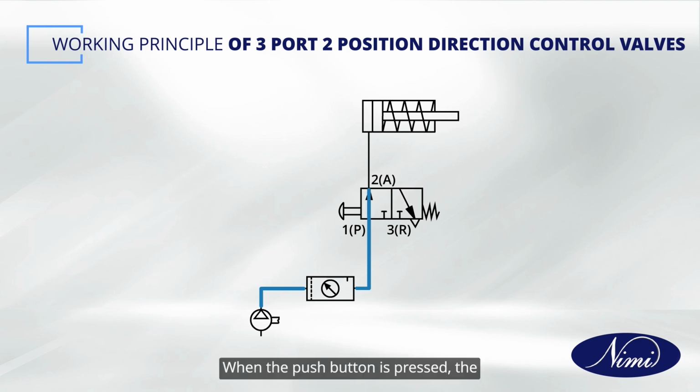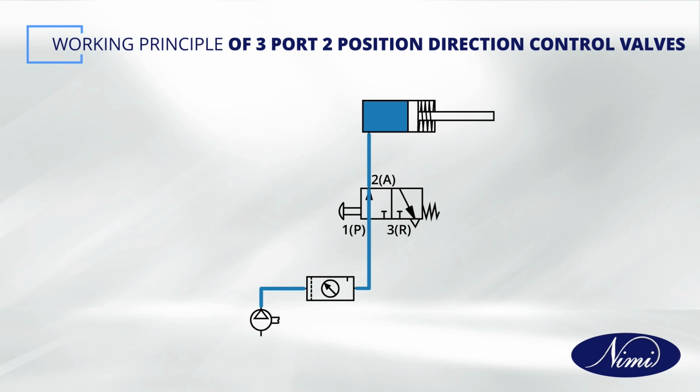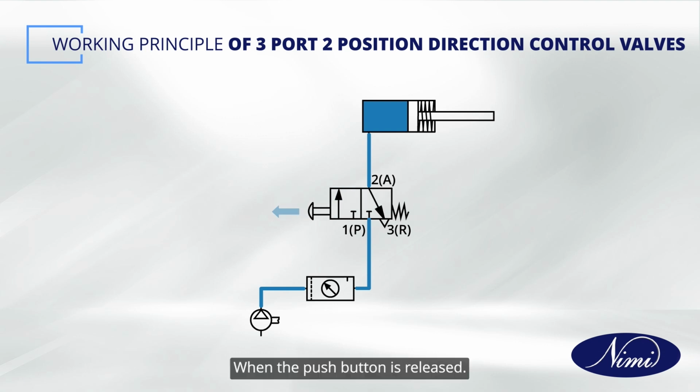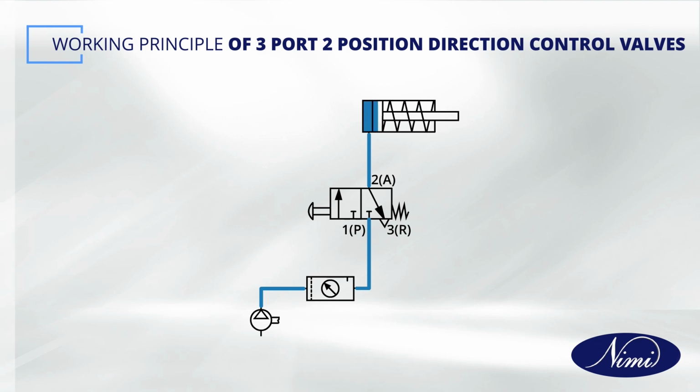When the push button is pressed, the direction of air changes due to valve shift and the piston moves forward. When the push button is released, the piston returns back.